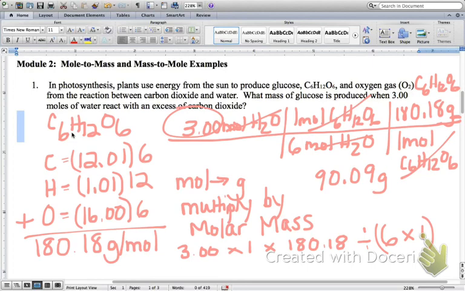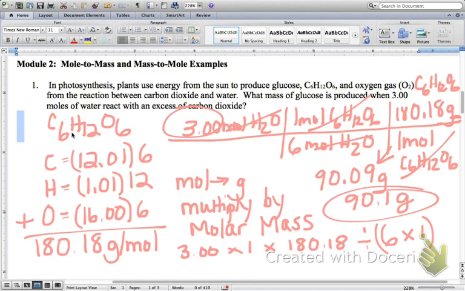How can I round the number 90.09 to 3 significant figures? You do 90.1. Good. 90.1 grams of glucose is our final answer. The 9 right here tells us to round that 0 up to a 1.